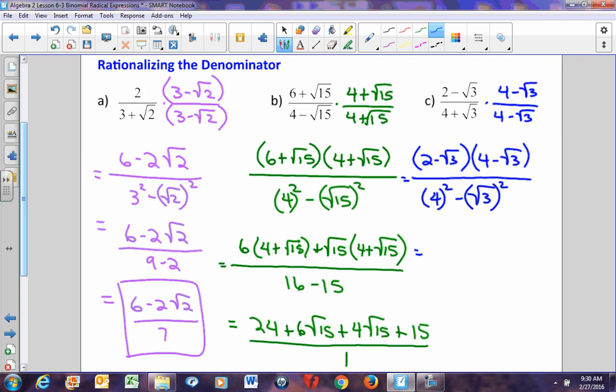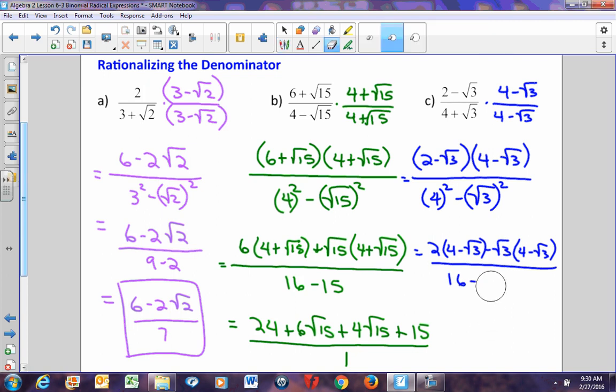So if I multiply this, I'm going to have 2 times (4 minus the square root of 3) minus the square root of 3 multiplied by (4 minus the square root of 3). All over 16 minus, or 3, not 9. 16 minus 3.